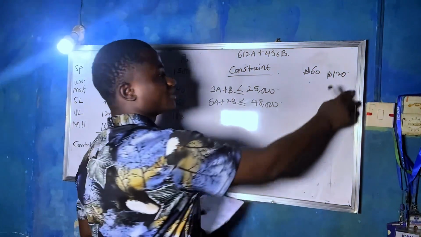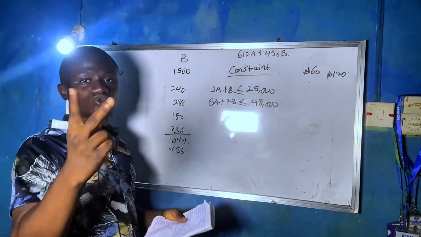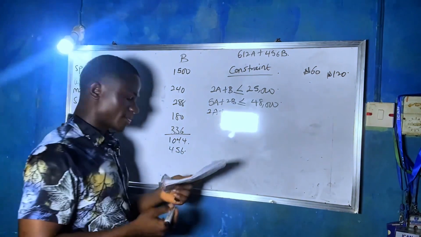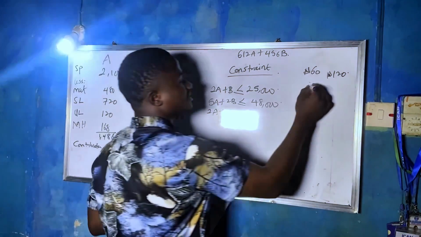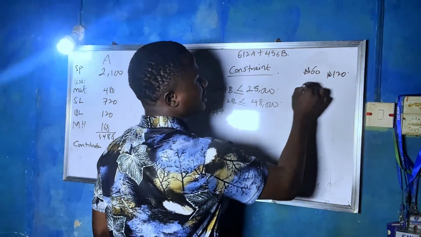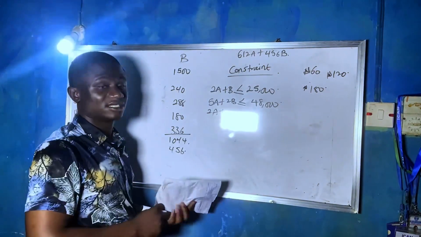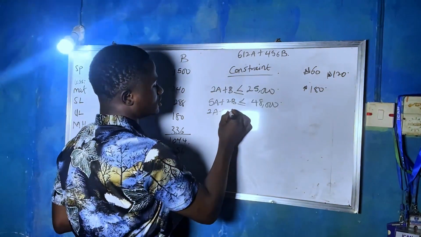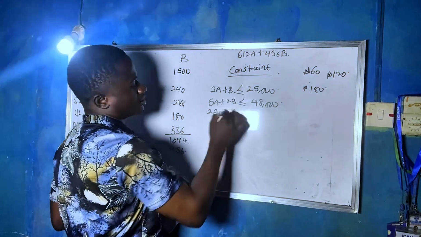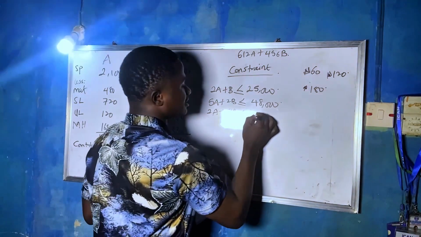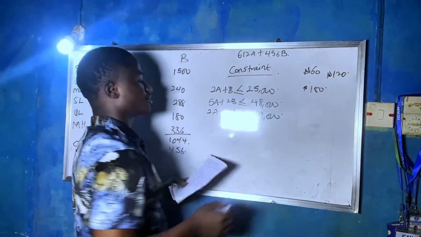So 120 divided by 60 means A is using 2 hours of unskilled labor. So 2A plus, now for B, we've been told 180 naira worth of unskilled labor. 180 divided by 60 is 3. So B uses 3 unskilled labor hours: 2A plus 3B is less than or equal to 39,000 hours.